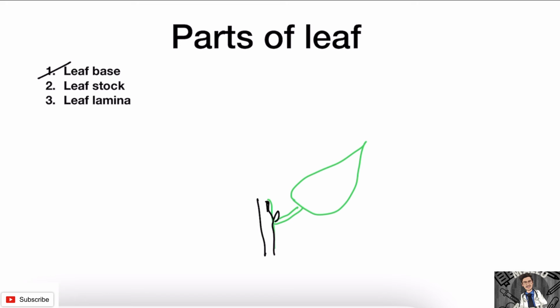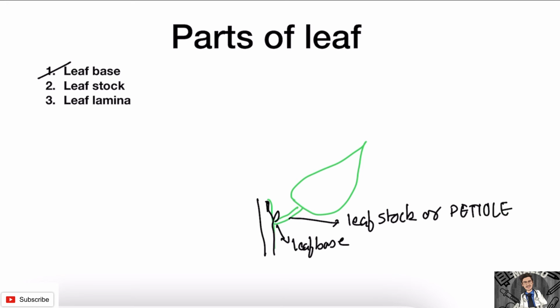Leaf base is the point where the leaf arises from the node on the stem. Then we have the leaf stalk, or in other terms we call it petiole. Now the extension of the petiole into the leaf lamina is the midrib or the vein.